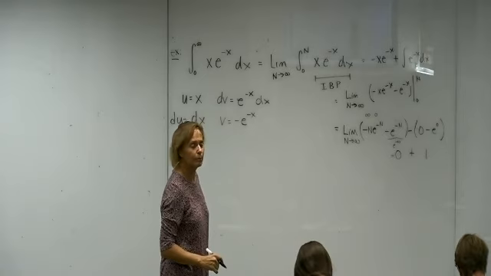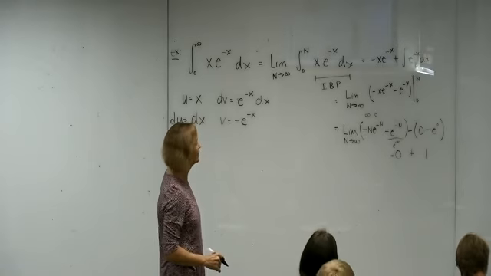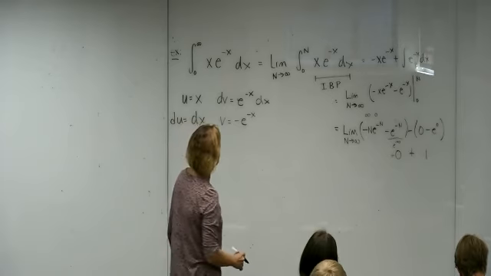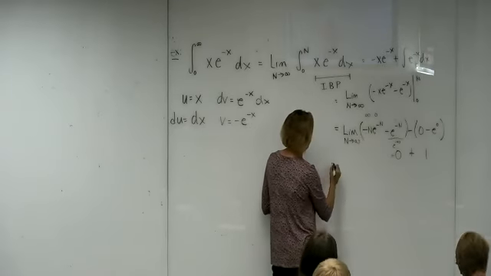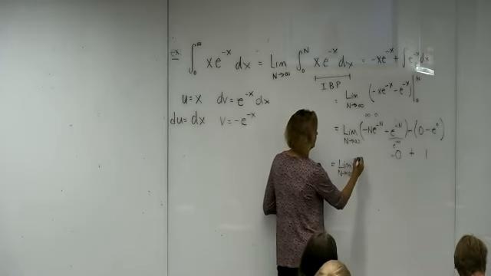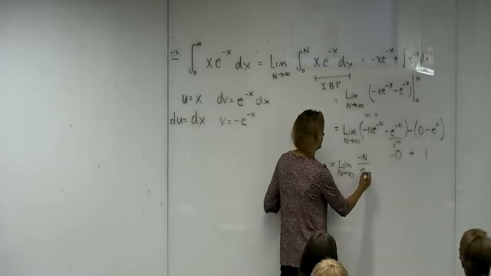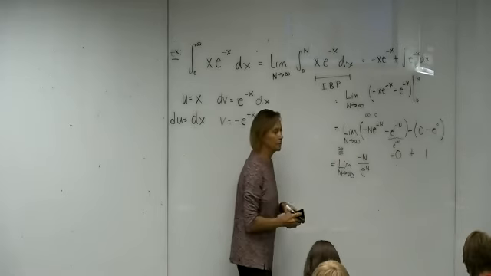So what's a quick way to put it in the proper form for L'Hopital's rule? Negative n over e to the n. Take a look at the negative exponent, put it on the bottom. And so now it looks like infinity over infinity, and you can do L'Hopital's rule.